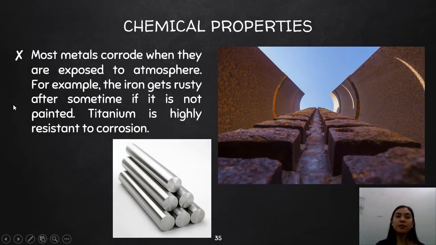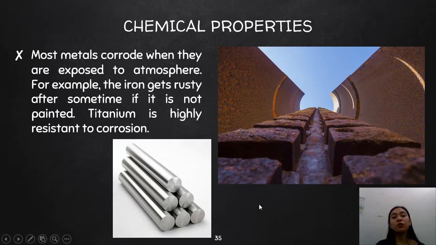And another one, most metals corrode when they are exposed to the atmosphere. This is very evident, diba? For example, the iron gets rusty after some time if it's not painted. Titanium is highly resistant to corrosion. So generally, all metals corrode. It's just that some metals take a longer time to be corroded. Pero mostly kasi, di ba sa bridges, then sa railways, ang ginagamit natin is iron because they are very strong.